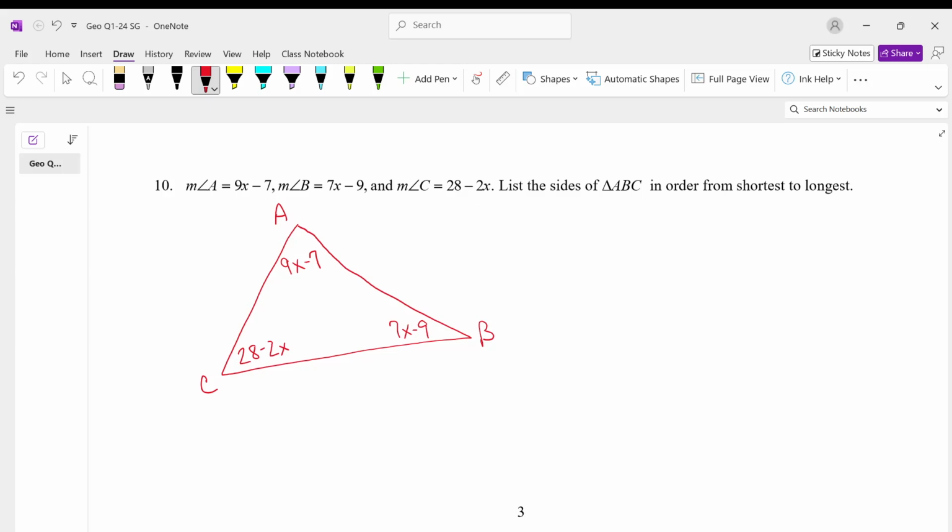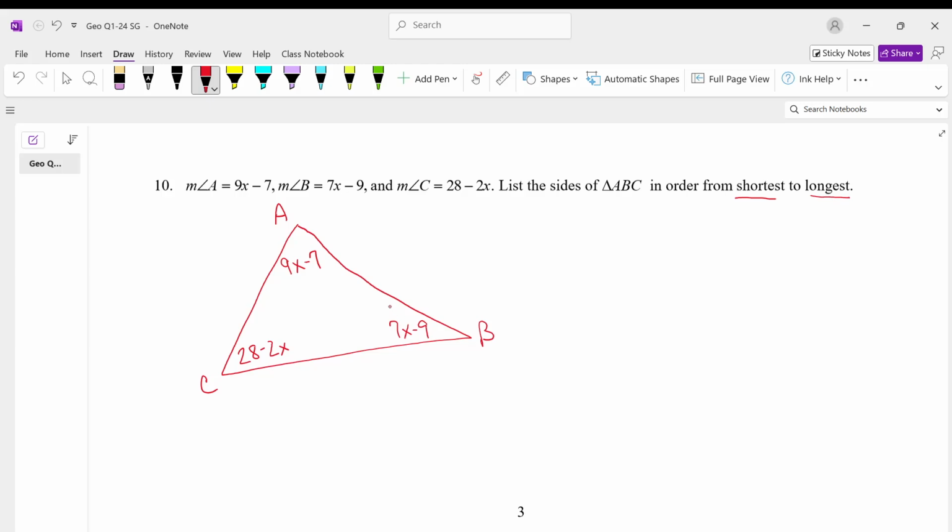List the sides of triangle ABC from shortest to longest. So we have to solve for x, substitute x back into each angle, find each angle measure, and then we can determine the shortest and longest sides.